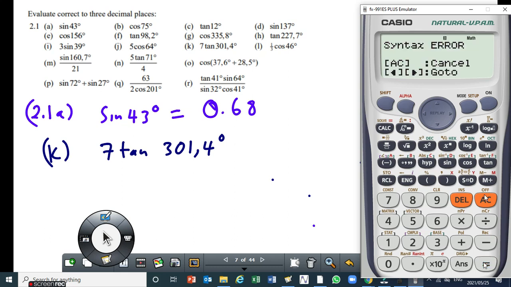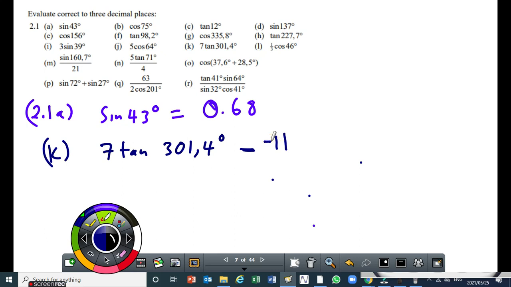So it gives you minus 11.47. That's a ratio. It's not an angle.